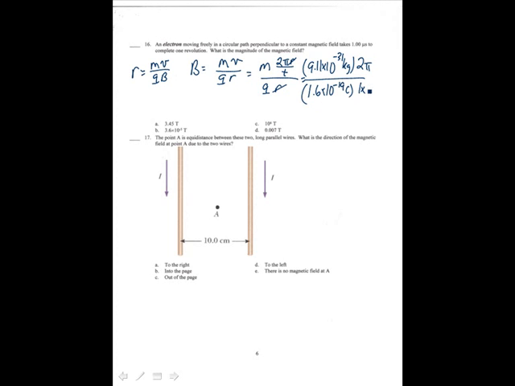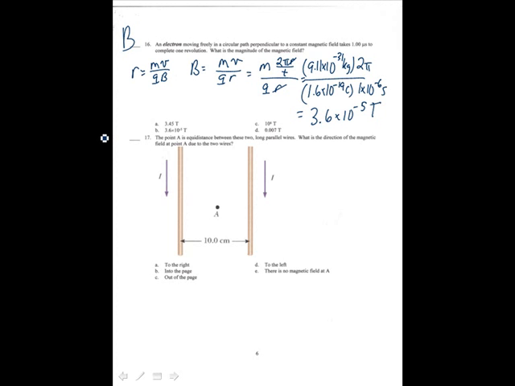And T is 1 times 10 to the minus 6 seconds. So I get 3.6 times 10 to the minus 5. That's in Tesla. Must be B.